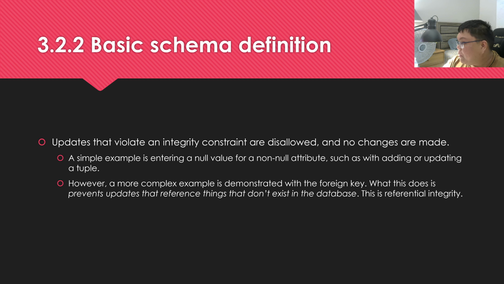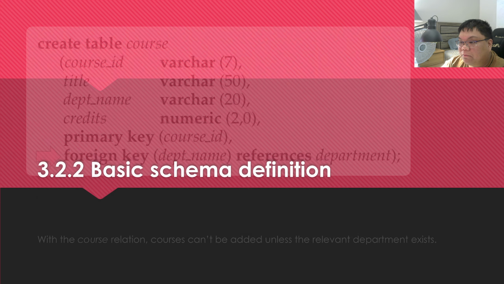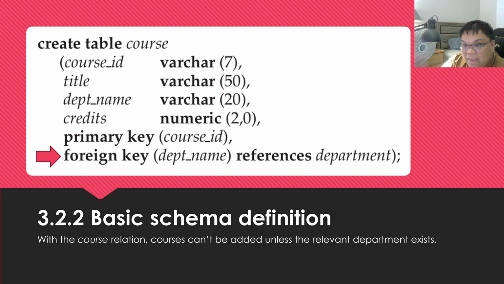A more complex example would be demonstrated using the foreign key. This is an example of what is called referential integrity. If we have a table of courses, our primary key is going to be the course ID.